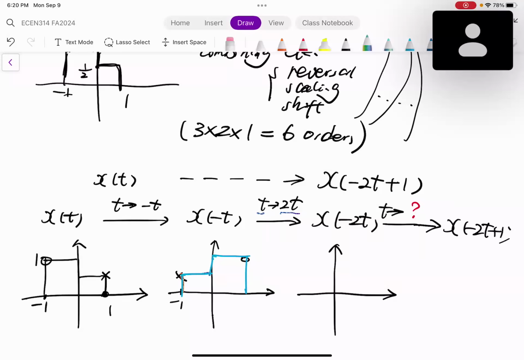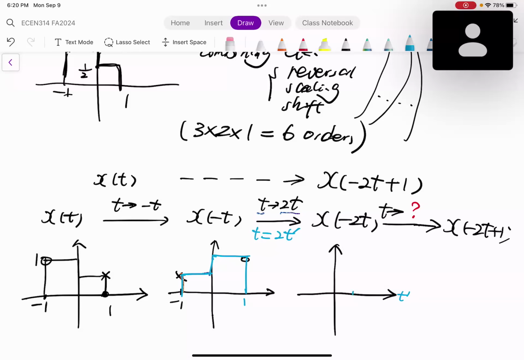Another way of looking at it is, for instance, the old t is -1. If you're not comfortable with this one, let's say the old t equals 2 times t prime. What we have here is t prime. Previously t equaled 1, so this t prime should be half.